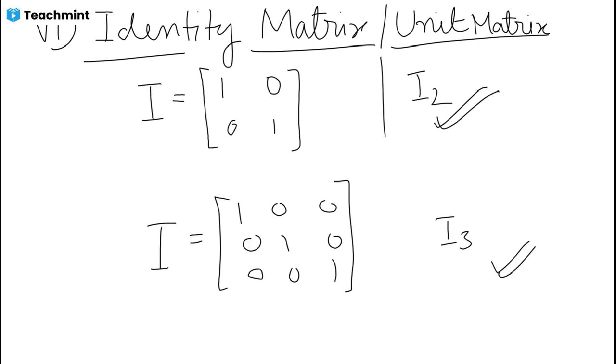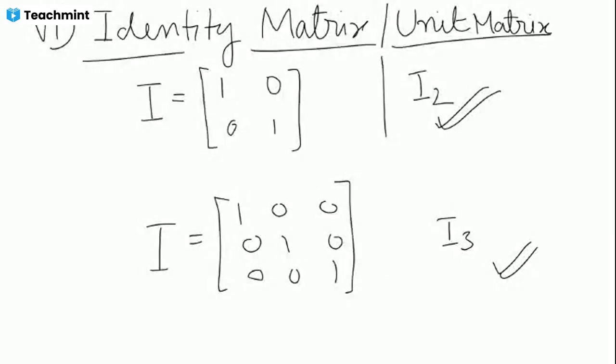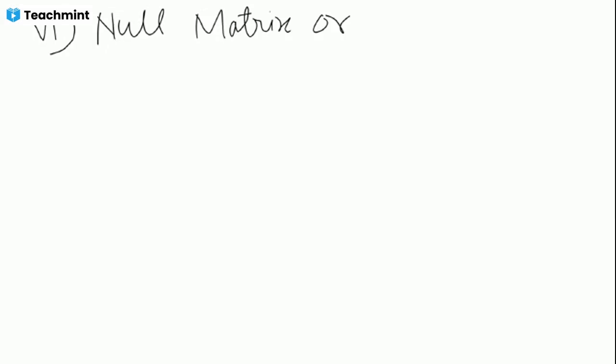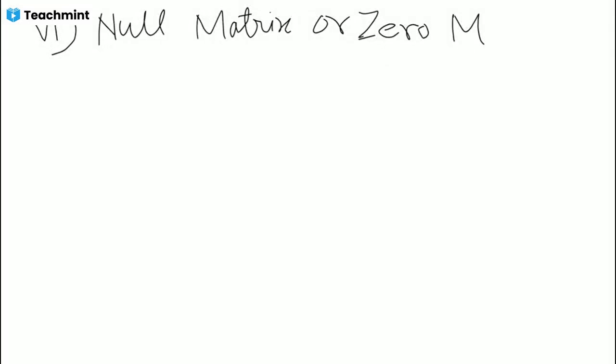Now let us do null matrix or zero matrix, having all elements 0. It can have any order, not only square.